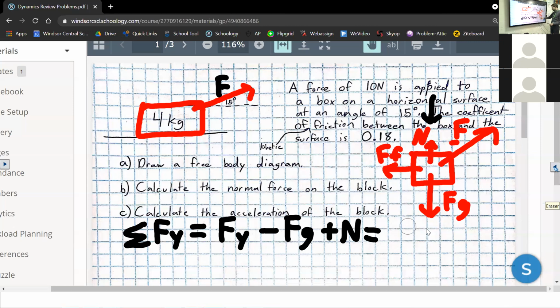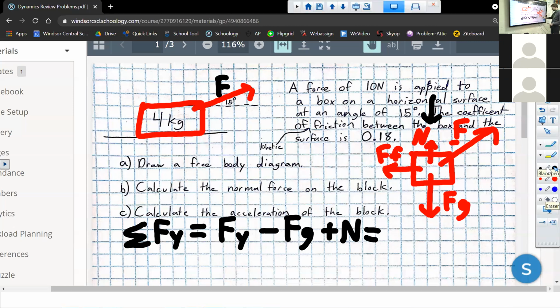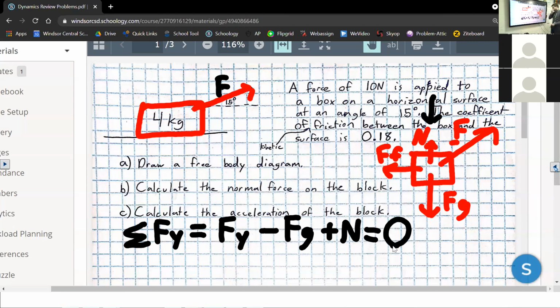0. The block is literally just going to remain flat on the table surface. So therefore, this becomes 0, and I could rearrange this algebraically to get that normal force is equal to force of gravity minus the Fy, which makes sense.